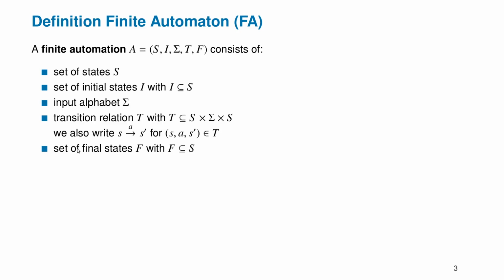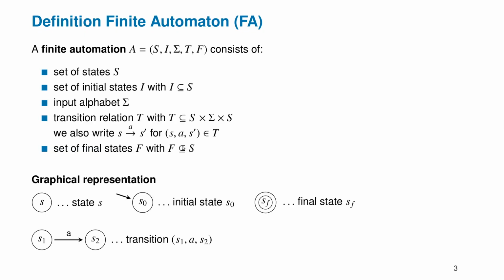And the last component is the set of final states, and this is also a subset of states. Here we have the graphical representation, which is often very convenient to use. This is also similar to the notation we have already seen before. We have states which are denoted by a circle and the label of the state inside. The initial state we mark with an incoming edge without a source.